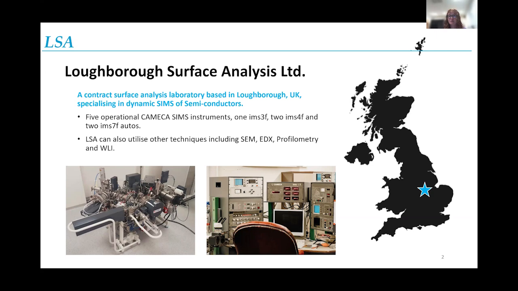We have in-house an SEM, an EDX, and a white light profilometer, as well as the ability to do XRF, FIB sectioning, various other techniques that could be complementary to the sort of analysis that you would like. The company has been running for about 30 years, so there is an awful lot of SIMS experience in the building.